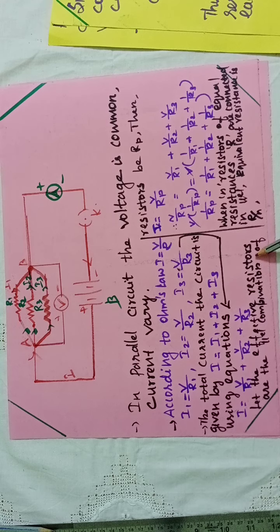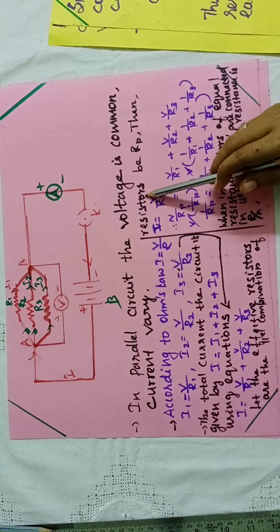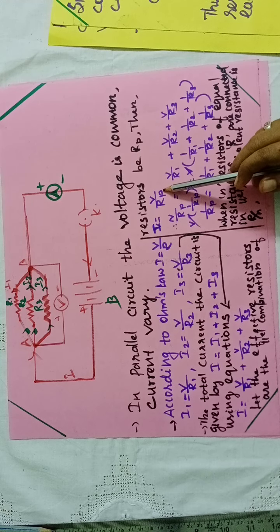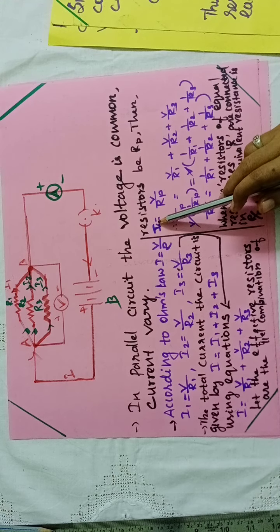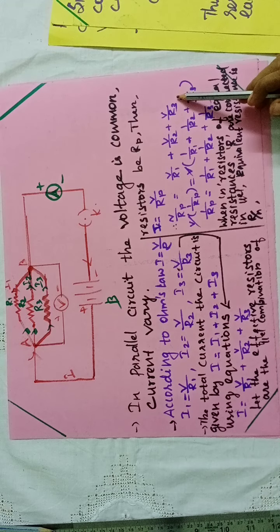Let the effective resistance of the parallel combination of resistors be Rp. Then I is equal to V by Rp. So V by Rp is equal to V by R1 plus V by R2 plus V by R3.